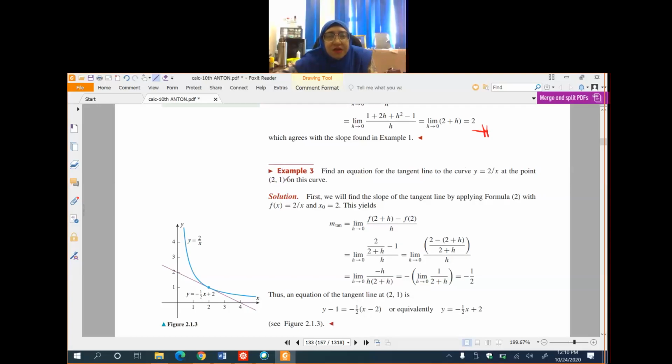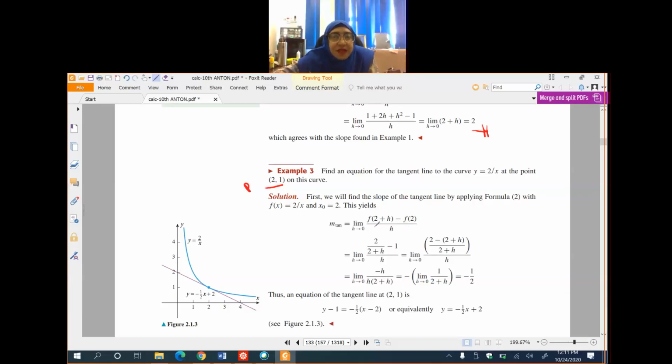So this is the coordinates of P, 2, 1. And then m tangent here will be f of x naught, where x naught is equal to 2 plus h, minus f of 2, divided by h.